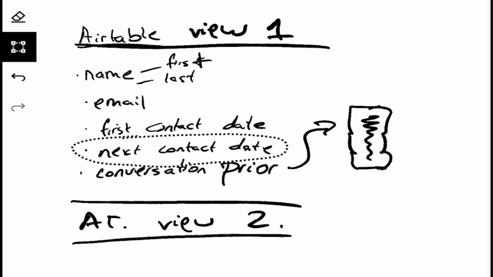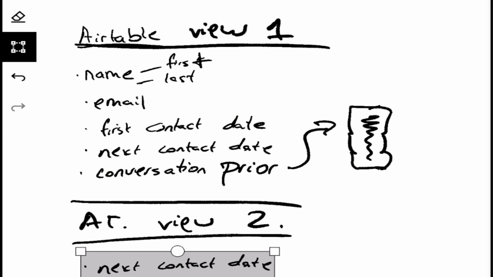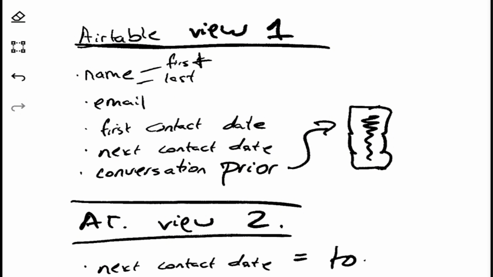And then what we do is that every day we check whether this next contact date is equal to today. And if it is, it pulls it into this Airtable view 2. So like that, we know that if we look at this Airtable view 2, those are the leads that we will need to contact on that day.